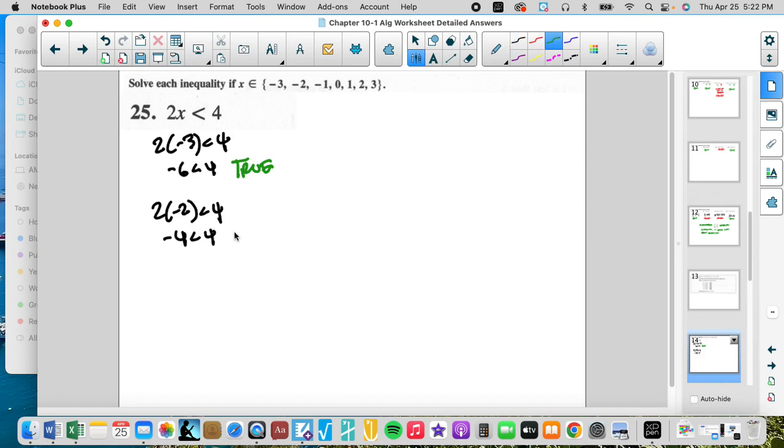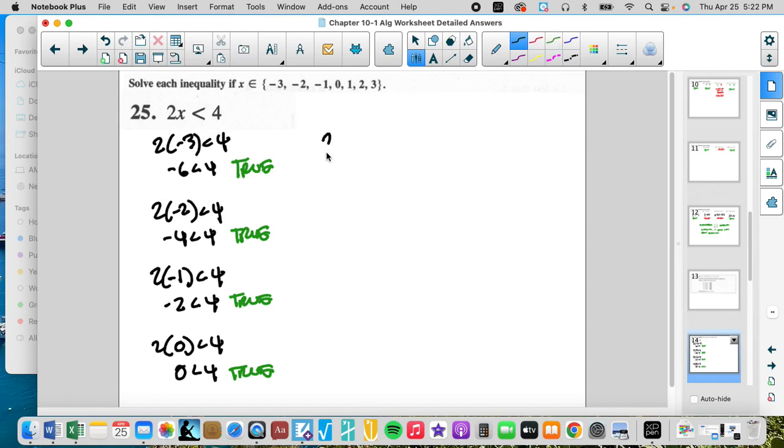That is going to be true. Is 2 times -1 less than 4, is -2 less than 4. That is going to be true. Is 2 times 0 less than 4, is 0 less than 4. That's going to be true.